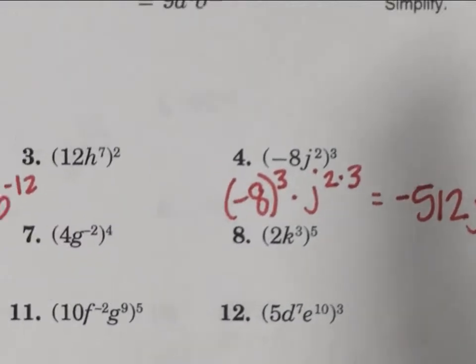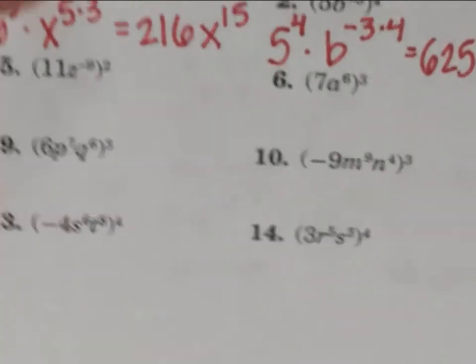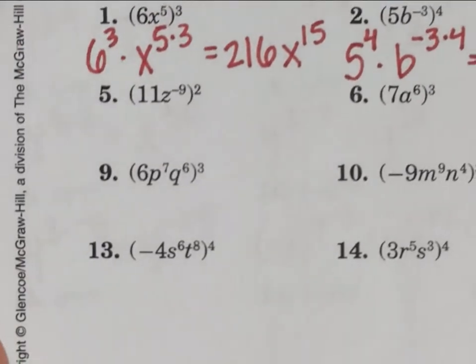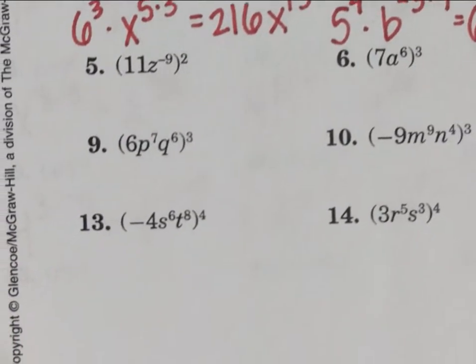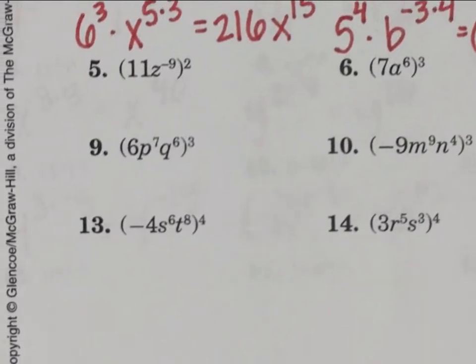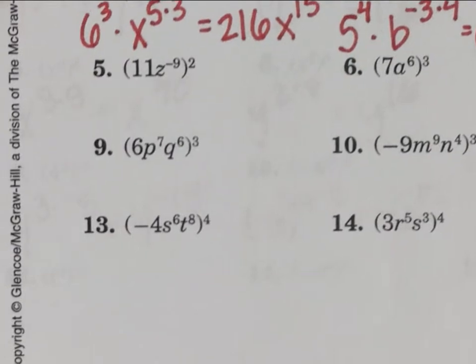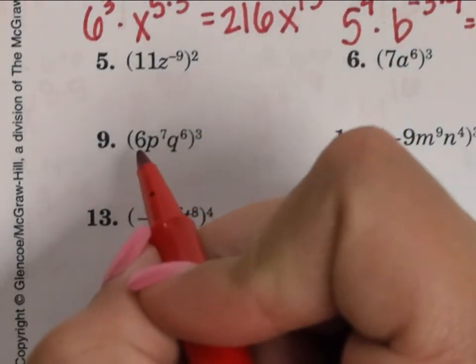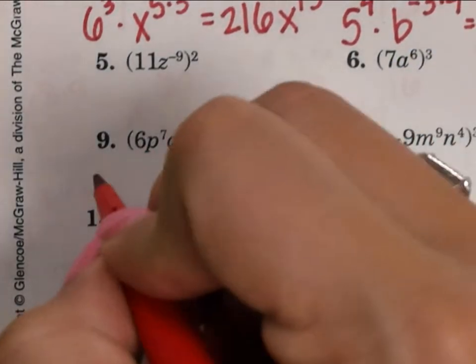Let's skip on down to number 9. Because now I have 3 different parts. I've got a coefficient, I've got a P, and I've got a Q. So that means I'm going to be breaking it apart into how many different pieces? 3 pieces. Okay. So my coefficient is 6. My exponent is 3.